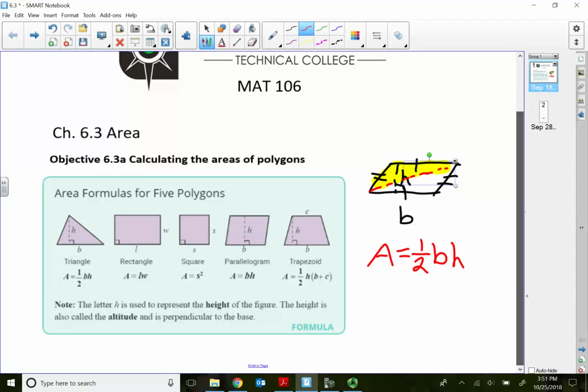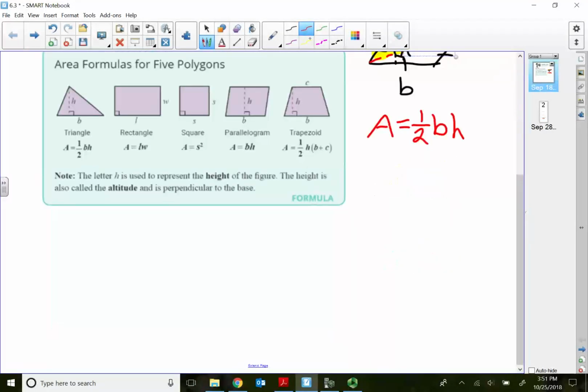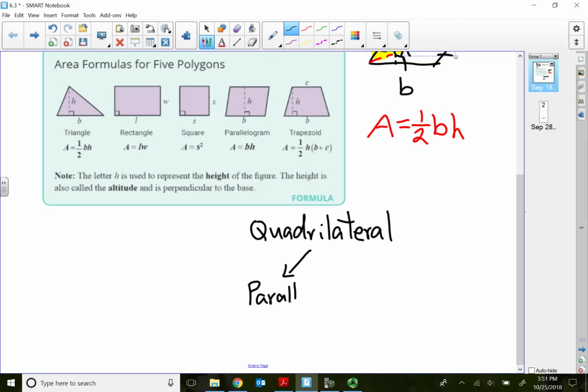All right. So under parallelogram, let me write this down real quick. Any four-sided shape is called a quadrilateral. Under quadrilateral, we have any four-sided shape. One specific one is called a parallelogram.